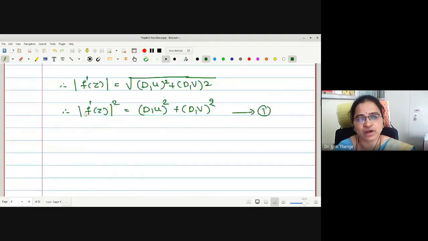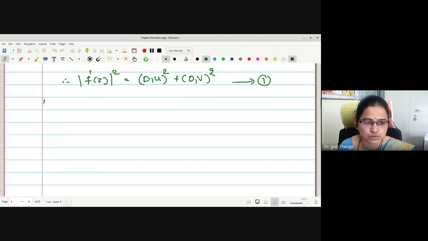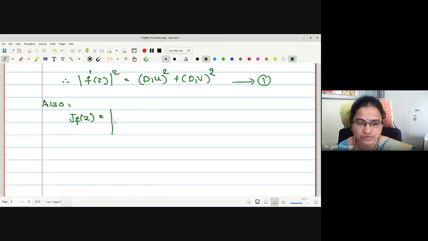Now this is the value of mod f dash of z squared. Let us find the value of the Jacobian determinant of f at the point z. According to the definition, this is a function of two variables, u and v, therefore the Jacobian determinant is the determinant of the matrix with entries d1u, d2u, d1v, d2v.